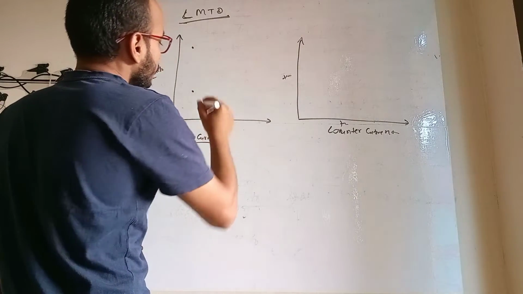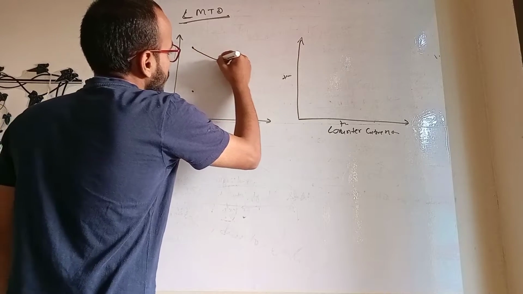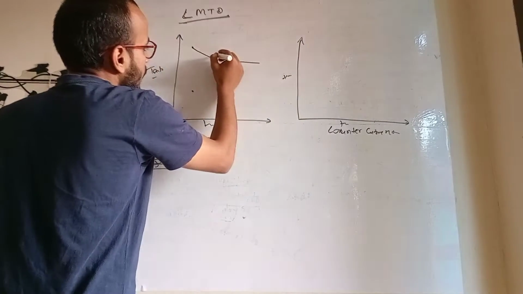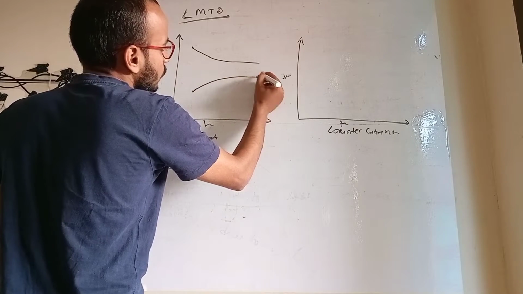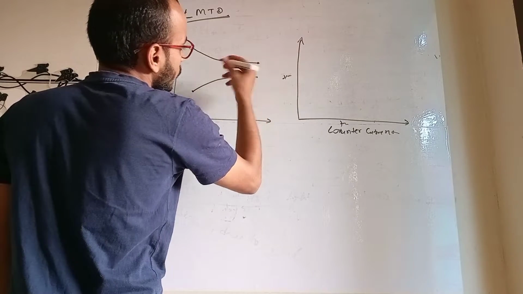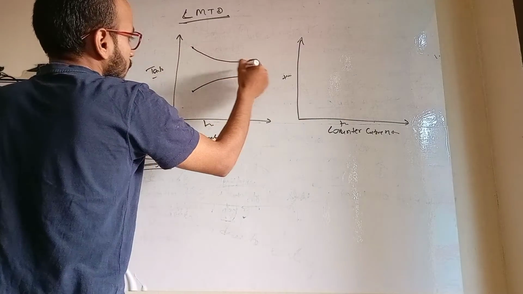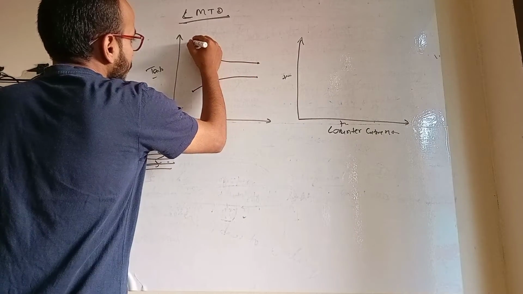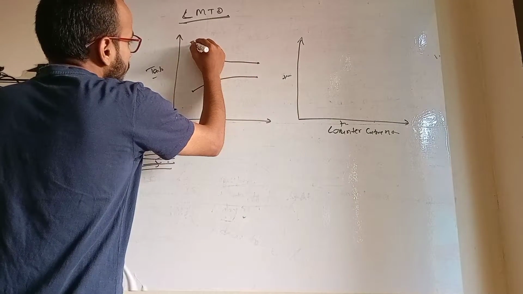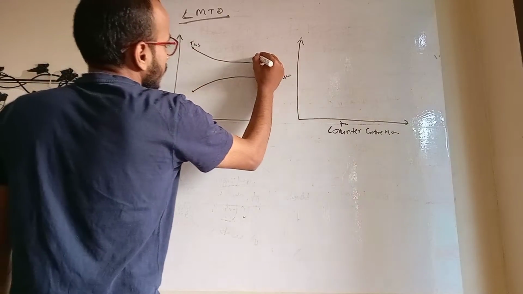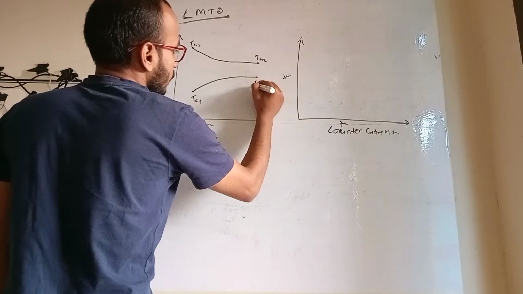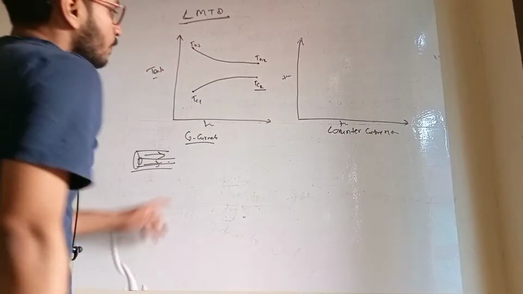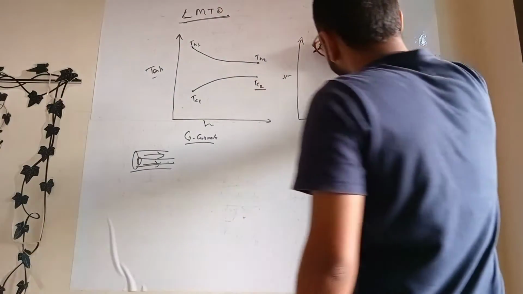As time proceeds, the hot water temperature will reduce and approach the cold water, and the cold water temperature will increase and approach the hot water, but it won't touch. So this one will be TH1, this one TH2, this TC1, and this one TC2. This is for co-current.